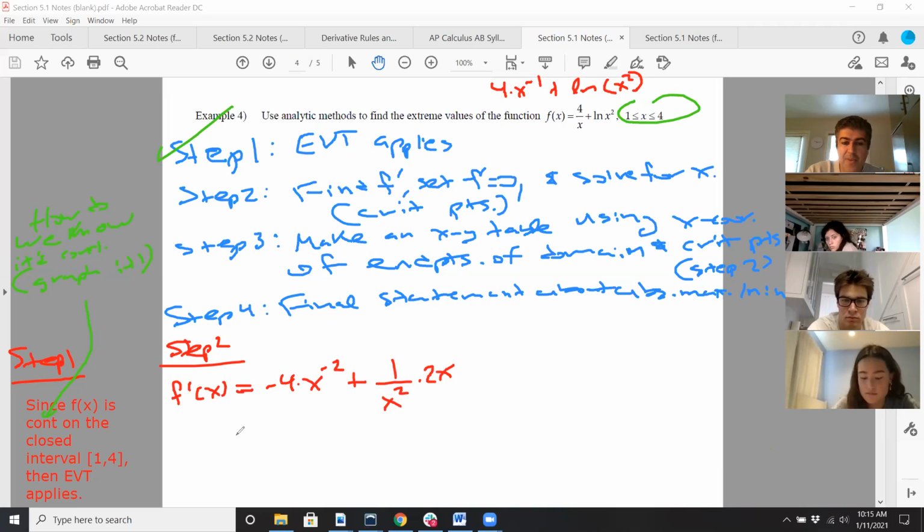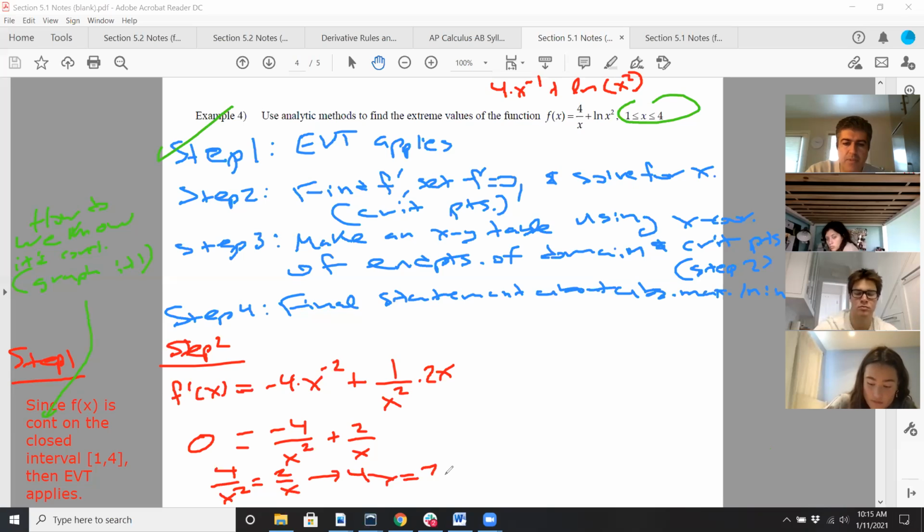All the old stuff is going to come back to you guys pretty quickly. -4 over x squared plus 2 over x. And you're going to set it equal to 0. Now you've got to do a little algebra. Maybe move one of the fractions over to the other side. Maybe I'll cross multiply. 4x equals 2x squared.